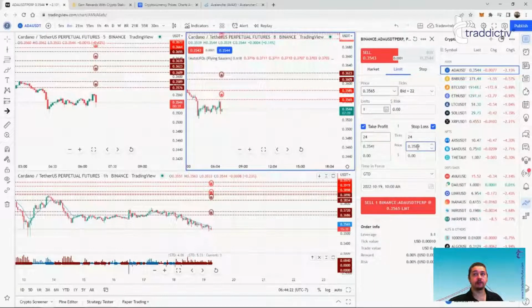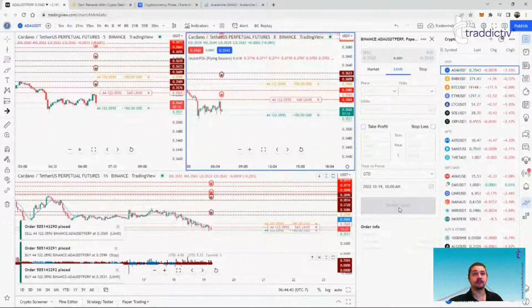All right, we do add a little bit of room here on Cardano. 99 looks good, and we're going to risk 150 on that trade. Sell that there.